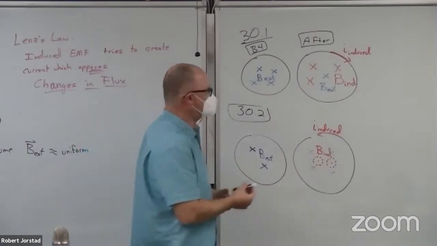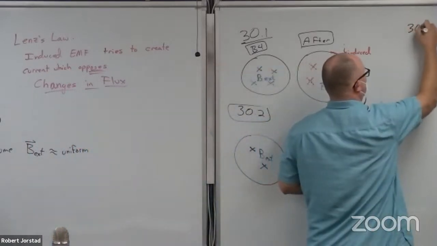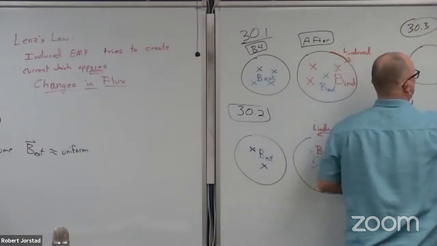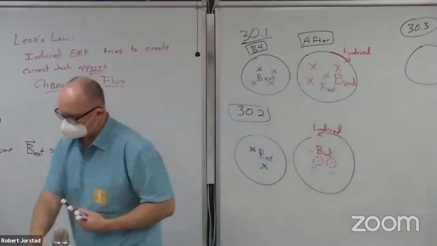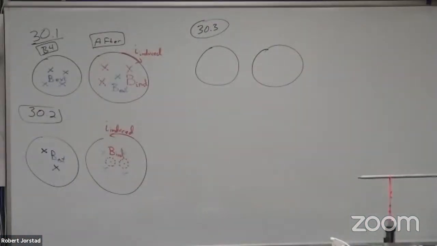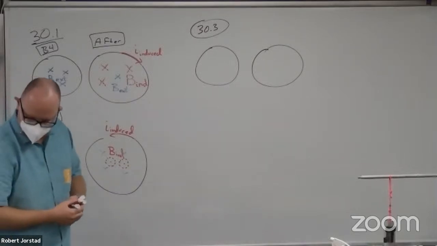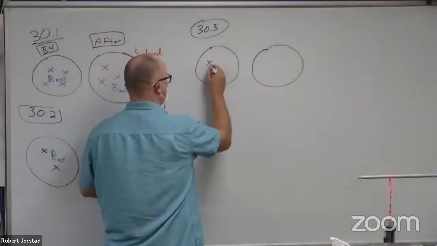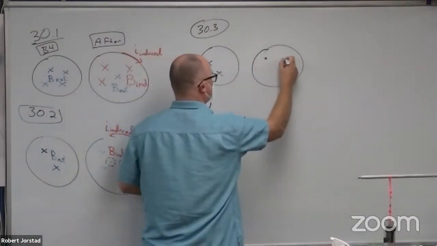30.3a. All right. Let's call this. And we probably need to scoot over some. Okay, so in this case, B external starts as 2 X's, ends up as 4 dots.